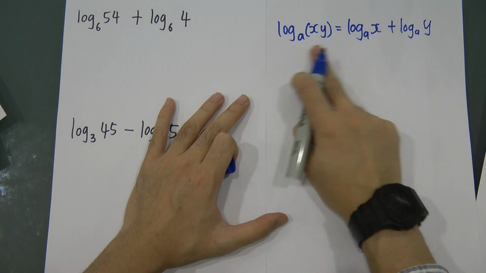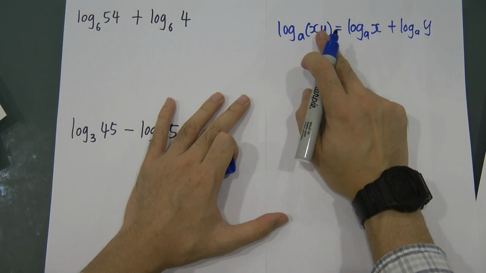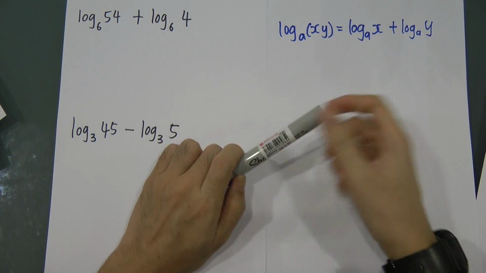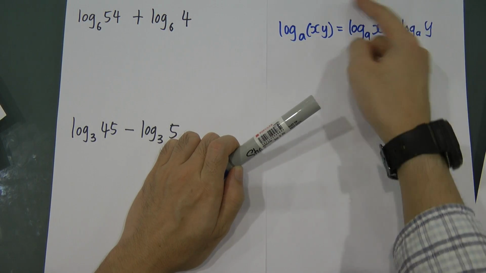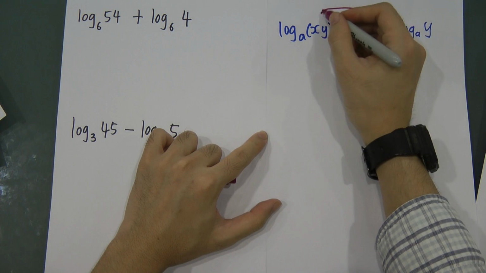You see both of these are log a, and this over here is multiply, so it will become plus. But now I want to change from this one go back to this one. So I want to change from this term come back to this one.